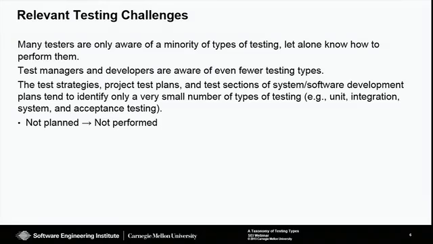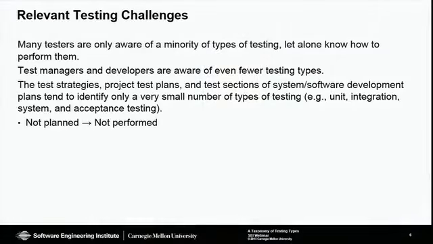Okay, what are the challenges that we have here? Well, one of the big problems is that there are at least 200 different types of testing that people talk about, publish, and use on projects, and most testers really aren't that familiar with that many of them. They may know the names of some of them, but that doesn't necessarily mean they know how to actually perform them.